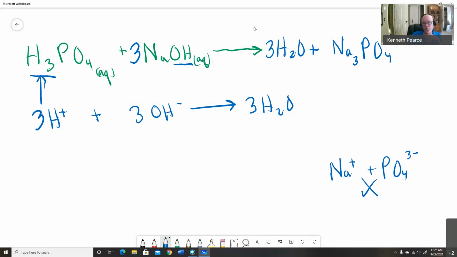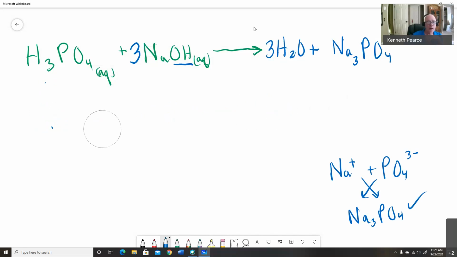And then if you cross the charges, the 3 comes down on the sodium and you have the phosphate. So I know that's charge balanced. And so now the top equation is balanced. It's the beauty of using the H plus and 3 OH minus to give you the 3 waters, is it automatically is balanced. But you should always check yourself anyway, and it is.